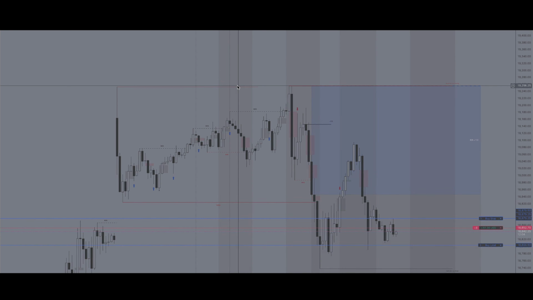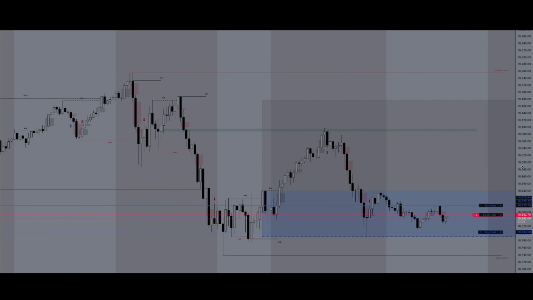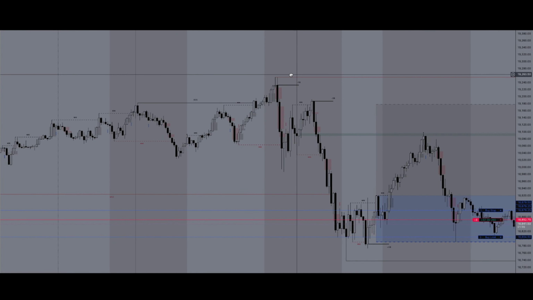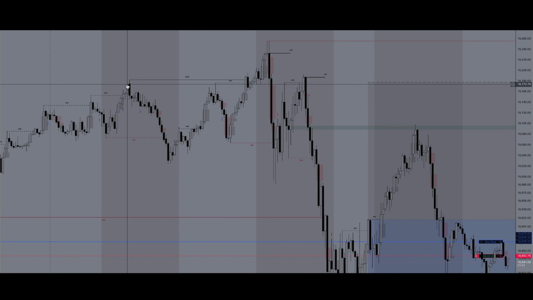All right, let's go down to the M5. Not exactly sure if this one's going to play out, but nevertheless. As you see right here, we had a high created at 4 a.m., 4:05 a.m. That gets swept right before 9 o'clock.